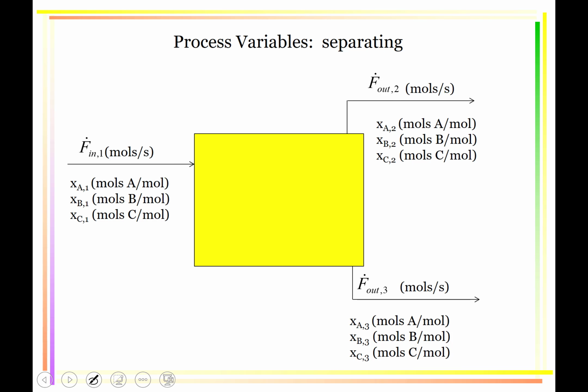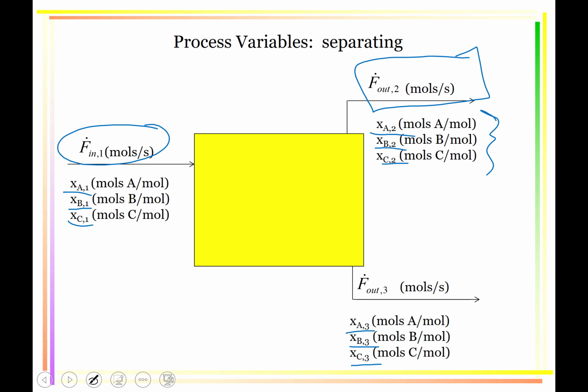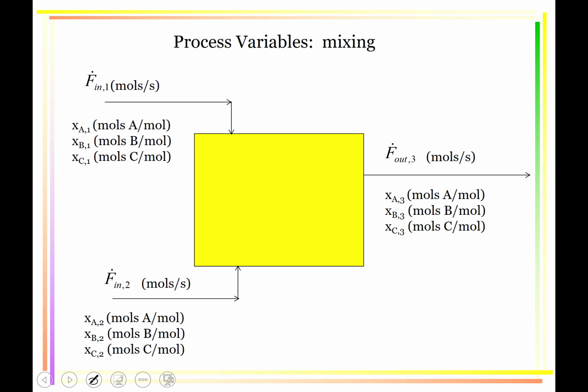All right, so here's an example of a separation process. You have a flow in with A, B, and C, and you have two flows out. Perhaps it's an evaporation, perhaps it's a distillation, but basically you're separating on some basis, you're separating some composition of A, B, and C with a separate composition of A, B, and C. Maybe to increase the concentration of one of the species in your stream, you could perform a separation process.